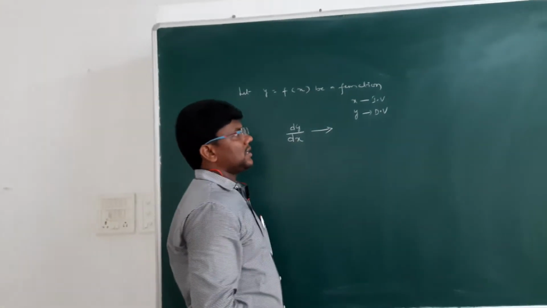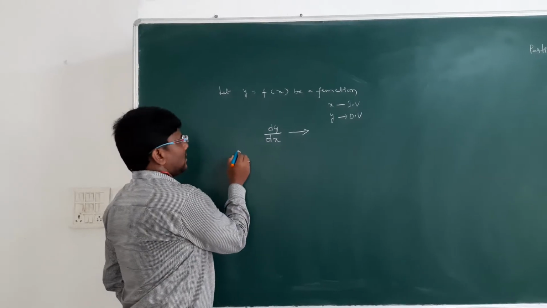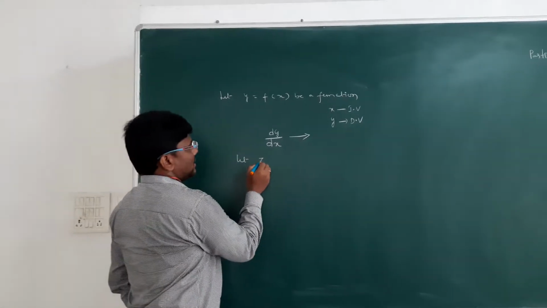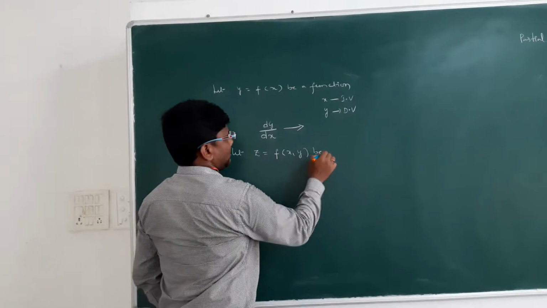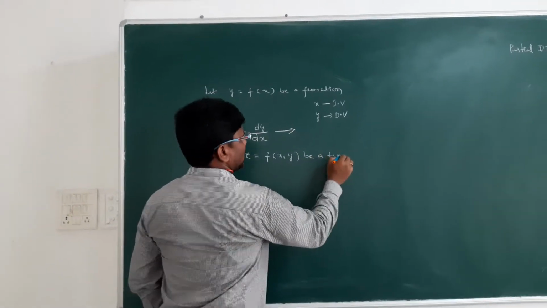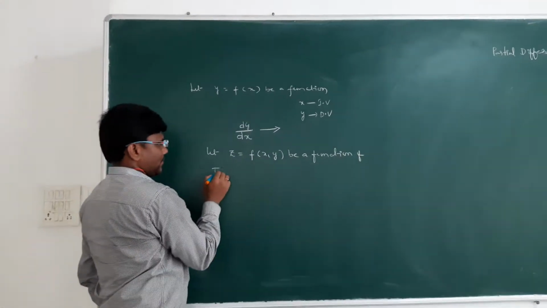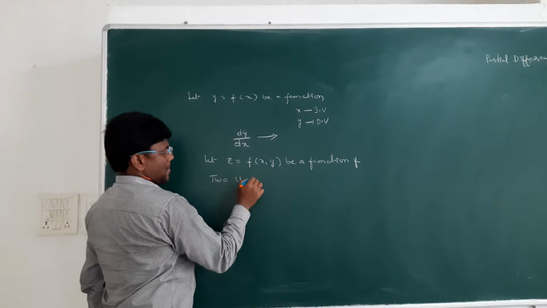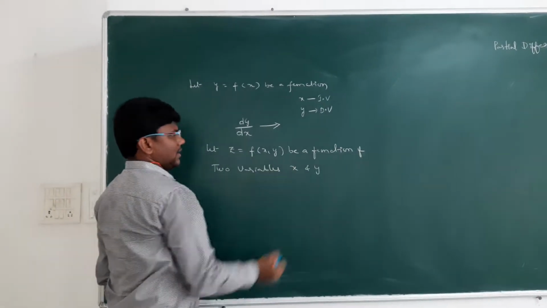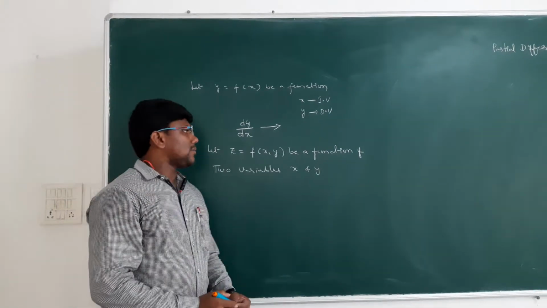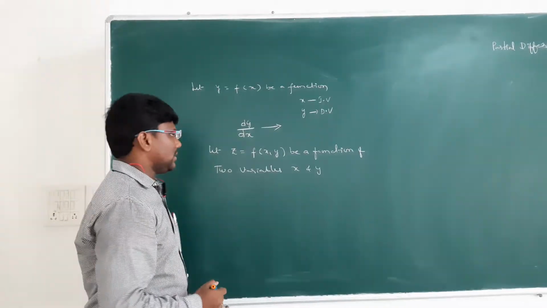This is differentiation. Next, what is partial differentiation? Let z is equal to f of x comma y be a function of two variables x and y.